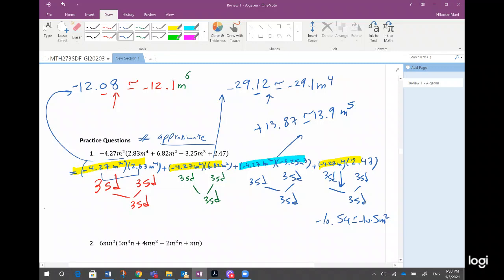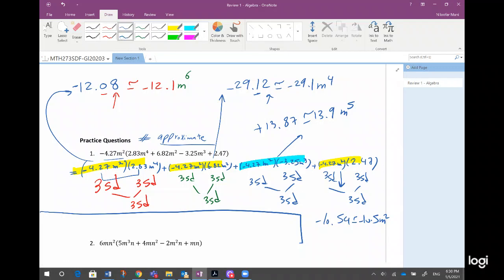And the final answer, I can write it here. I just want to make sure I didn't make any mistake, so I can check with the answer.